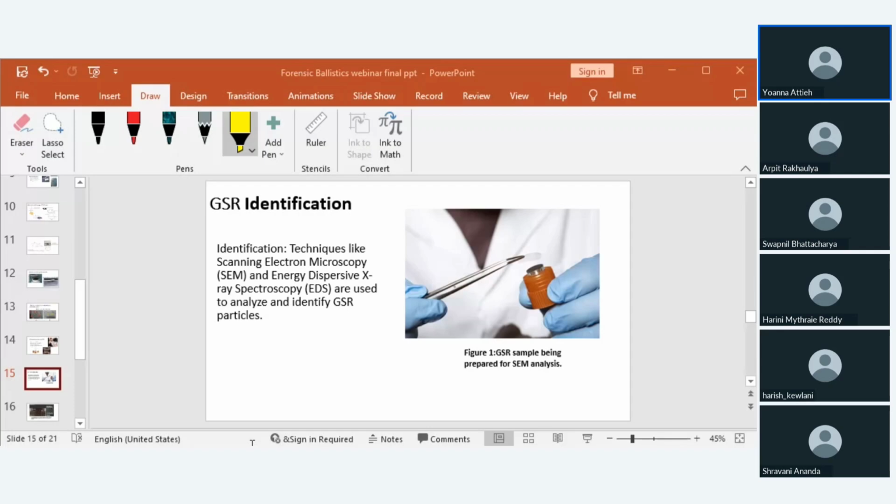For standardization, ASTM International, a globally recognized organization, has defined specific technical standards that govern GSR testing protocols. One such standard is ASTM E1588. For those working in the forensic ballistic field, you should be familiar with this standard. ASTM E1588 sets guidelines for performing GSR analysis using SEM and EDS.